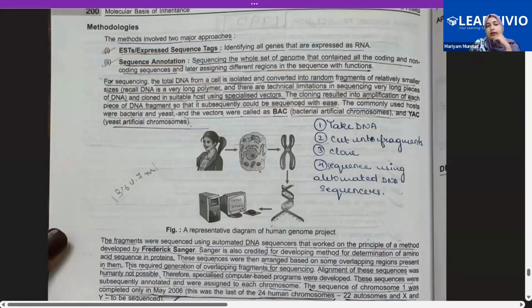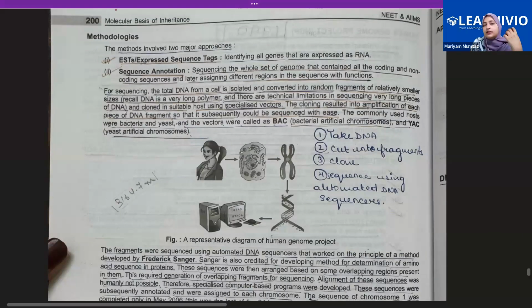Now, see, the methodology. What did they use for this human genome project? It had two approaches involved: the EST, that is expressed sequence tag, and sequence annotation. Even if you don't remember what they are, you should know the two major approaches.